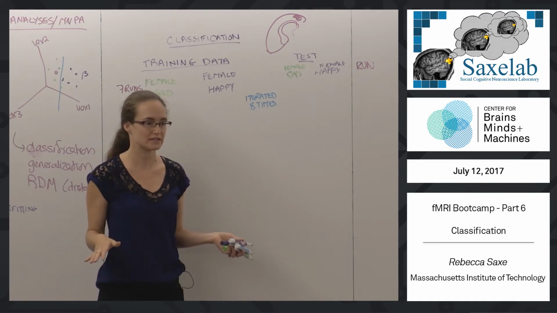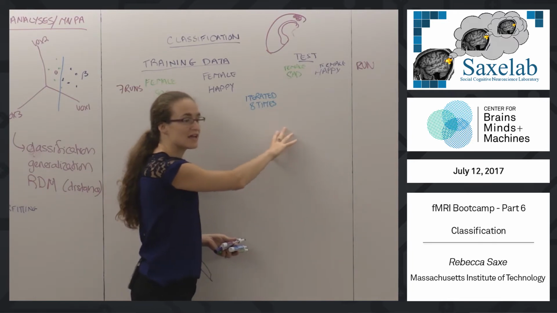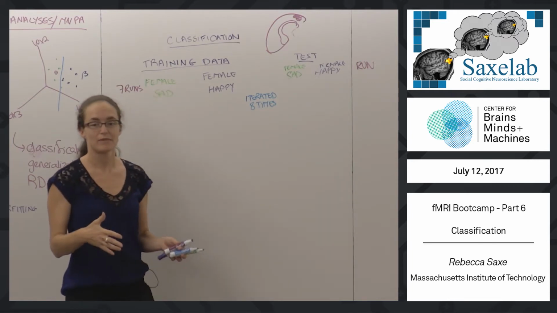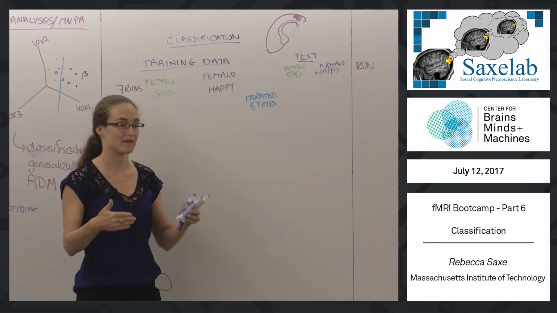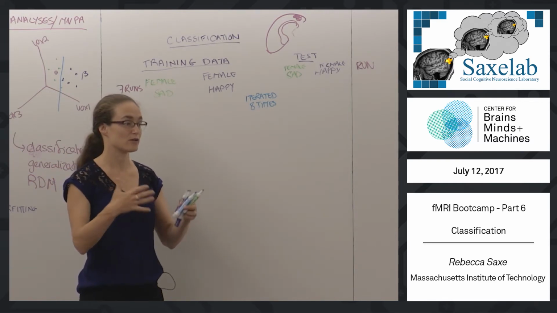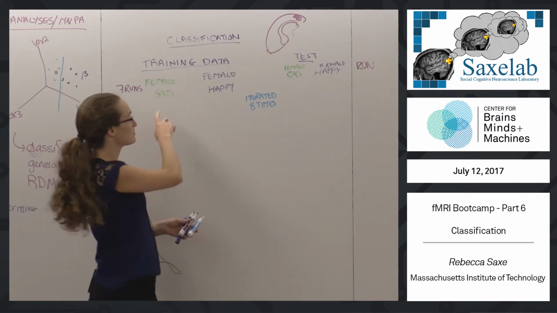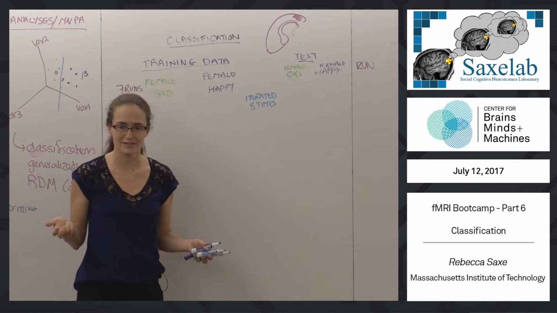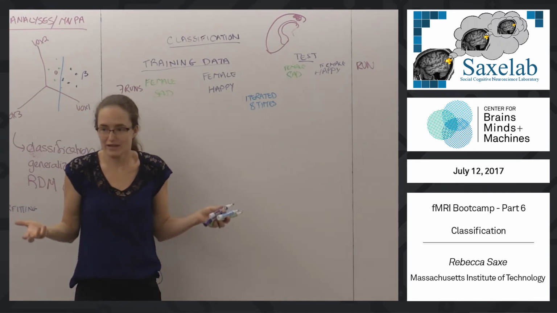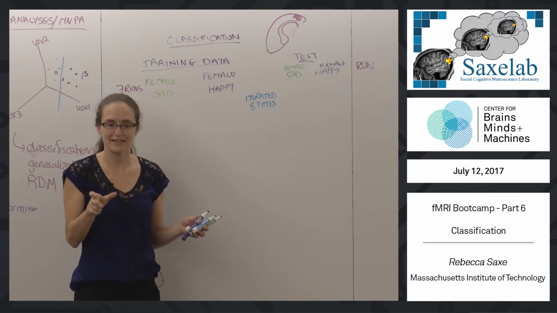Are you following this? Okay, and so it's important because this is a first test. It's an important first test, but it should not be the last thing you think of doing. It should be the first step of a classification analysis, where you say, yes, there is some information in the pattern that is related to this distinction, but the question we want to know is not some way to classify, but what information is there about that difference?